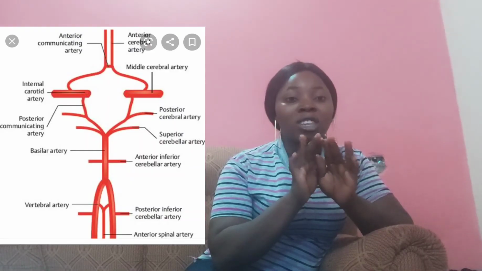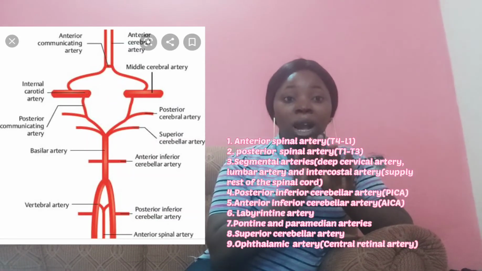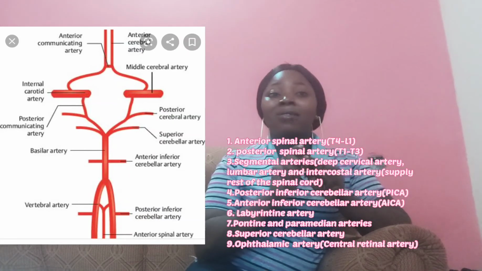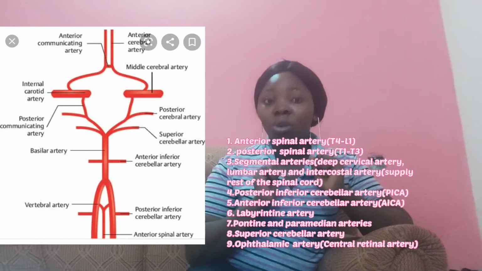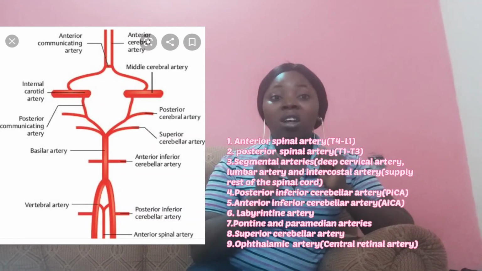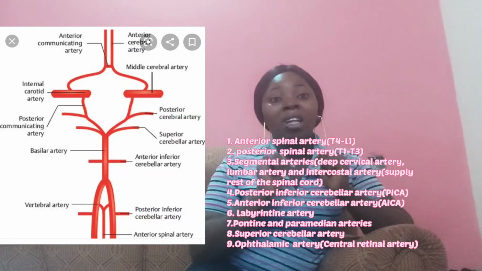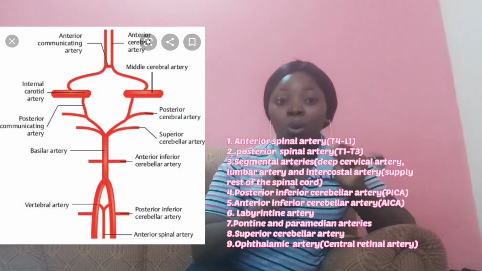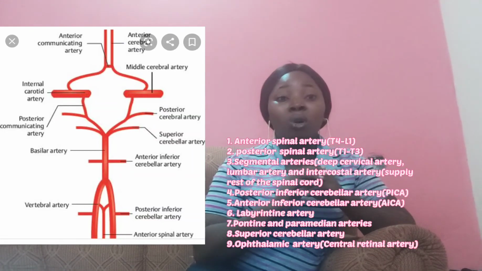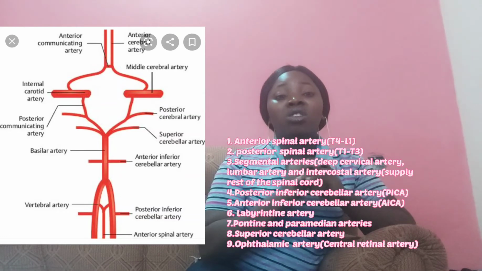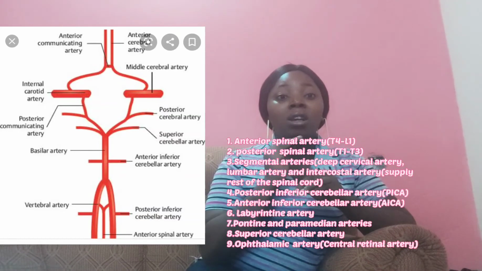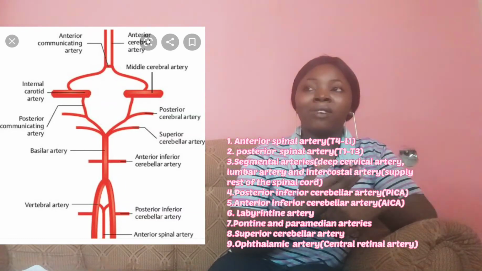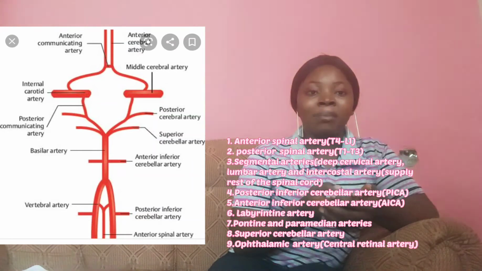I'm going to talk about some special arteries that are formed alongside this vertebral artery. Number 1, the vertebral artery moves backward to form the anterior spinal artery, which supplies thoracic vertebrae 4 to lumbar vertebrae 1, T4 to L1, and it also forms the posterior spinal artery, which supplies blood to thoracic vertebrae 1 to 3, T1 to T3, and the rest of the vertebrae, what is going to supply them?